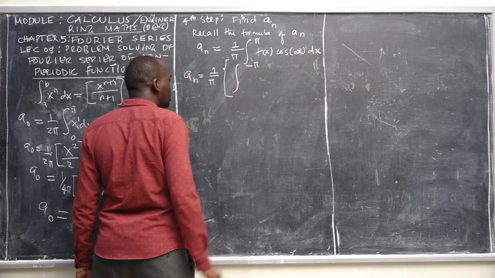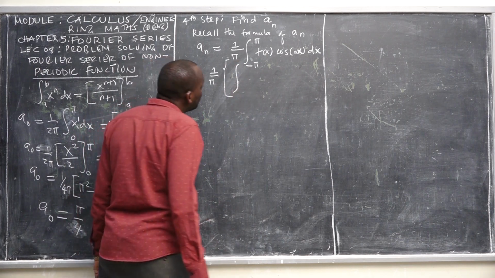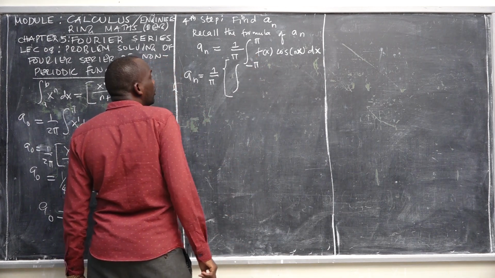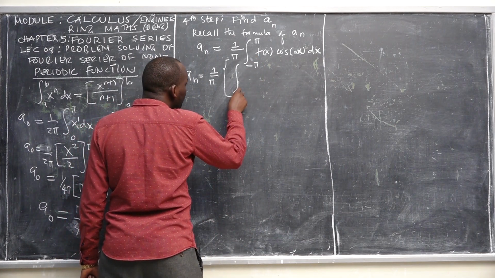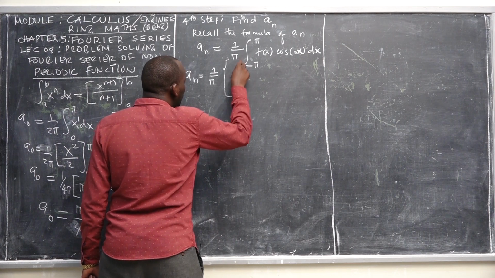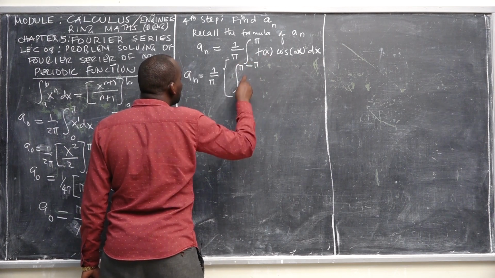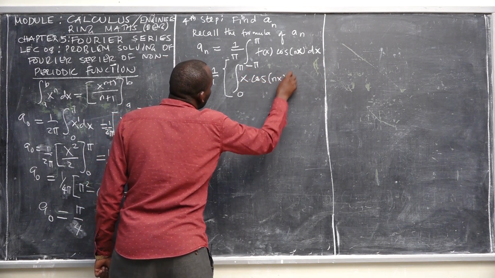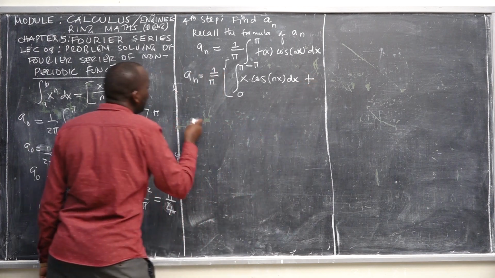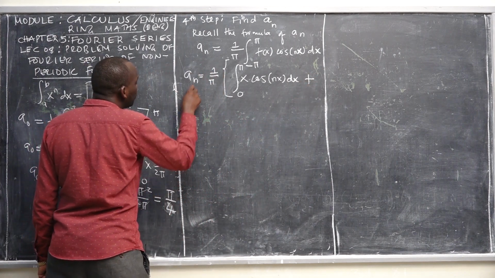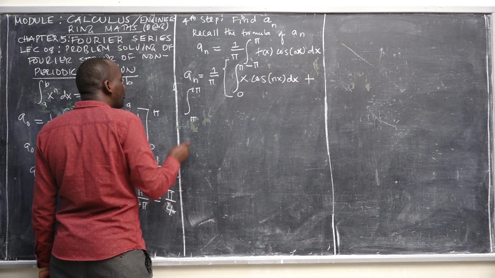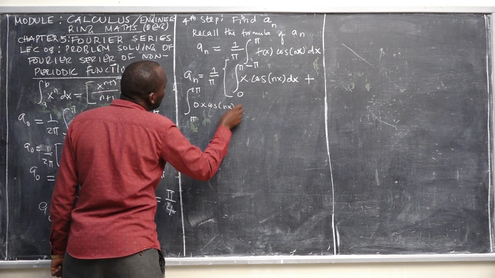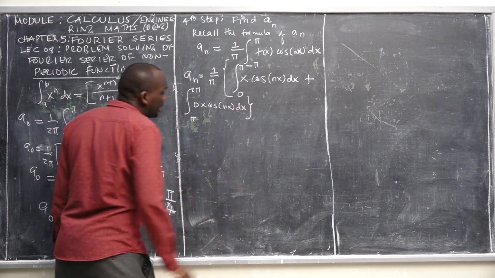We integrate from 0 to pi. f of x is x, then cosine of nx dx, plus integral from pi to 2 pi. What is f of x? 0. 0 times cosine of nx dx. Then you close the curly bracket.